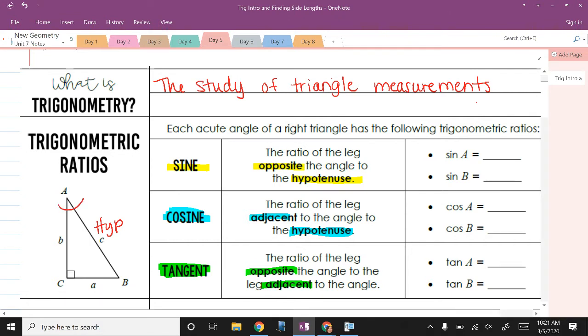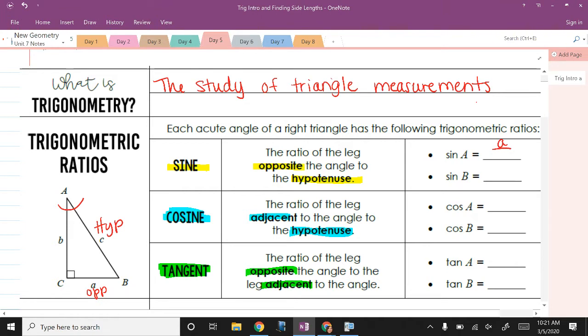That's angle A. Which side, little a, little b, or little c, is the side opposite from angle big A? Little a. Yeah, this is going to be the one opposite to A, right? So sine of A is little a over the hypotenuse.